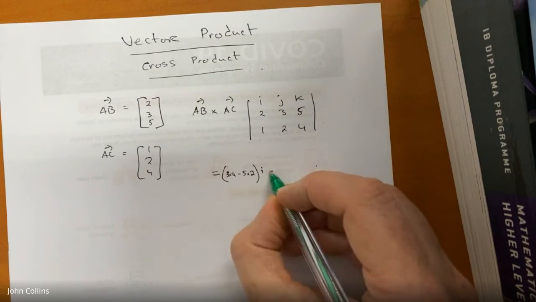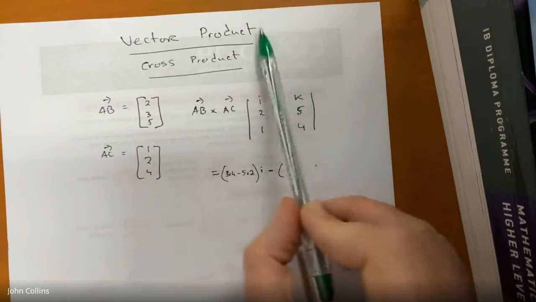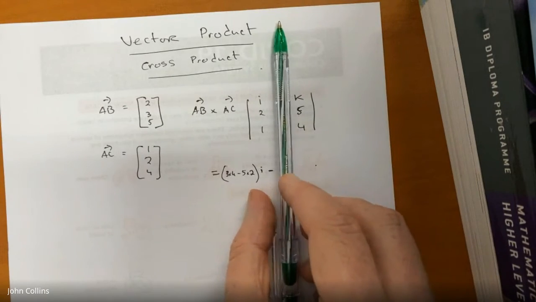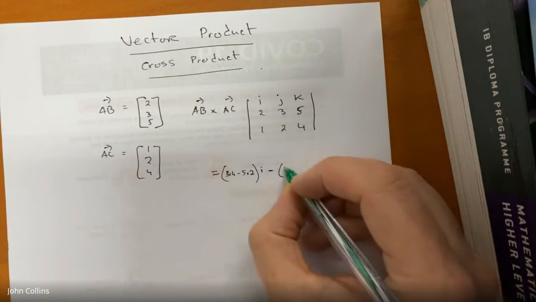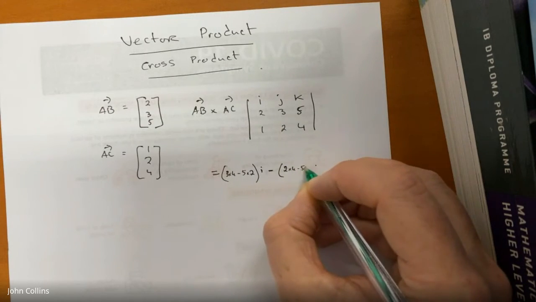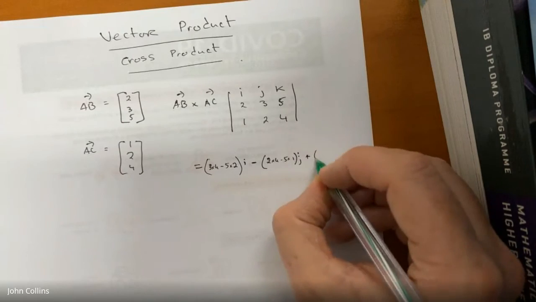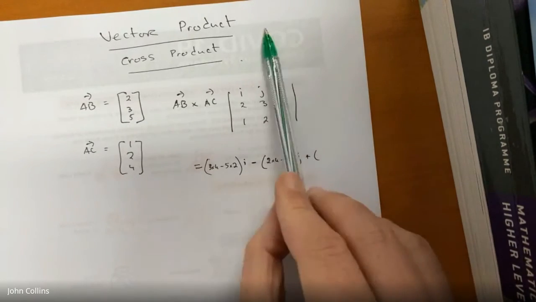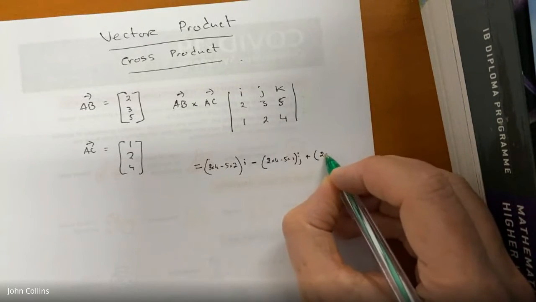Now, always minus the j component. Yep. You cover the j line, and then you do the same thing. 2 times 4 minus 5 times 1. Yes, 2 times 4 minus 5 times 1. j, and then you add the k component. And do the same thing, cover k, and then do 2 times 2 and 3 times 1.